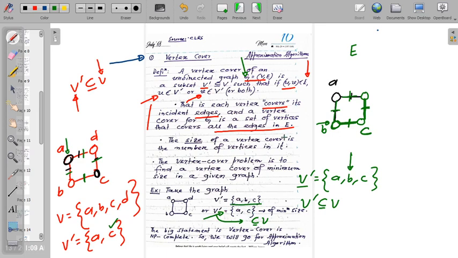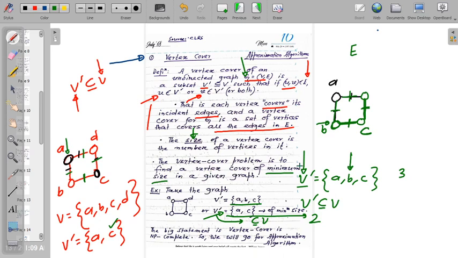The size of a vertex cover is the number of vertices in it. So this V prime has three vertices, and this V prime has two vertices. So this is the size of the vertex cover.